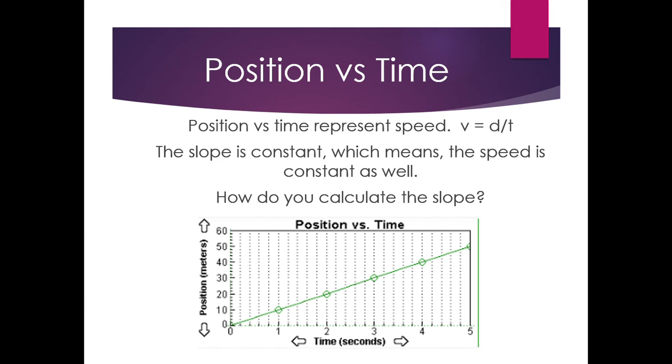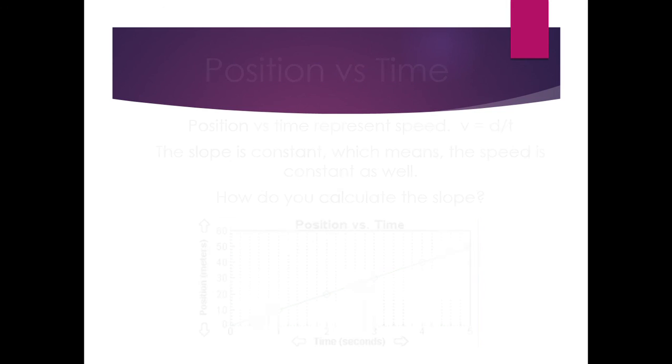Now my question is, how do you calculate the slope of this graphic? Remember that when we talk about the slope, it is basically the line that comes from 0 on both axes, and then ends at 5 in the time and in the position in meters as well. So how are we going to calculate that relationship?